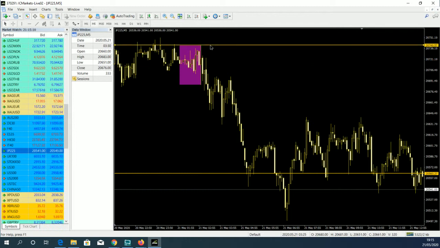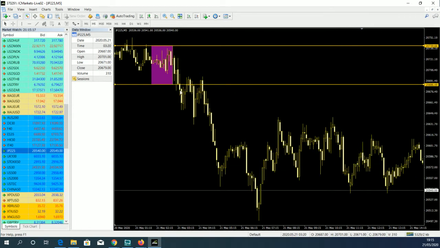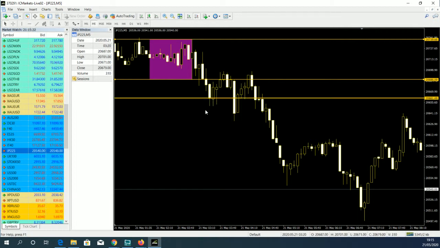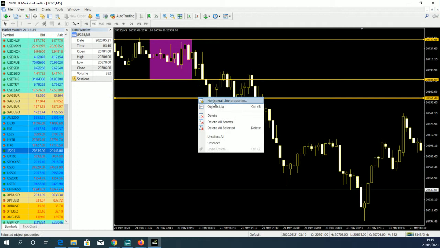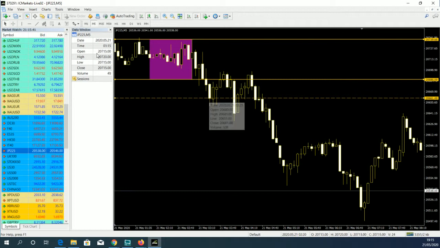So here we have that, and then we have the upper and the lower one. Let's see where we got in here. Candle number 2 here is our entry point. So we're going to enter here, and let us make sure that is highlighted. We enter here.